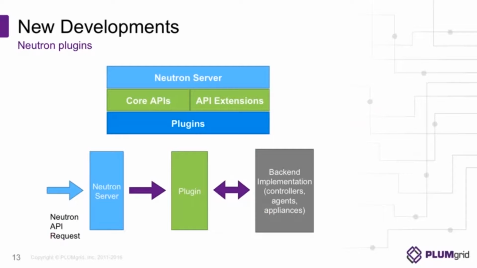The core APIs implement layer 2, those are switch APIs, and then you also get API extensions. In the bottom part of the diagram, you see how the Neutron server will pass through to the plugin, hence the backend, any API calls that create, modify, or remove a network topology.